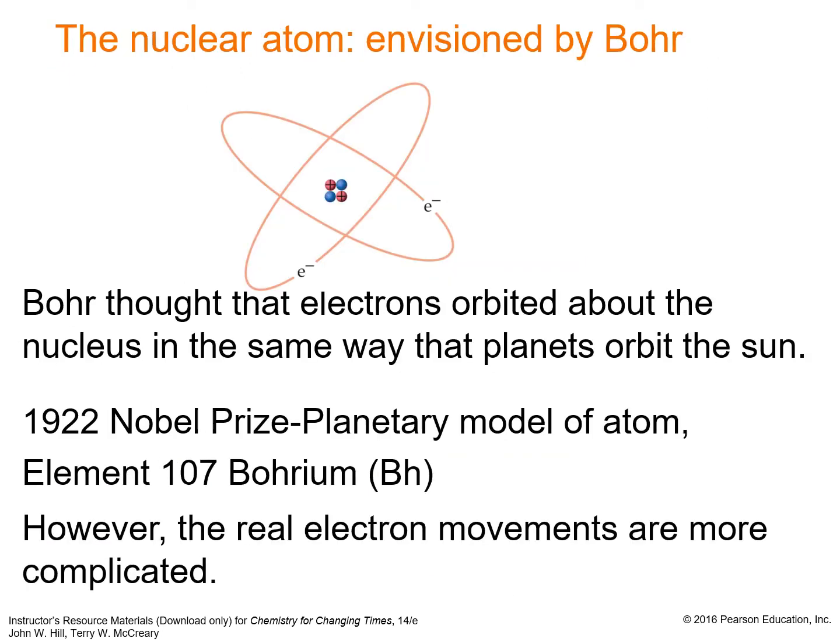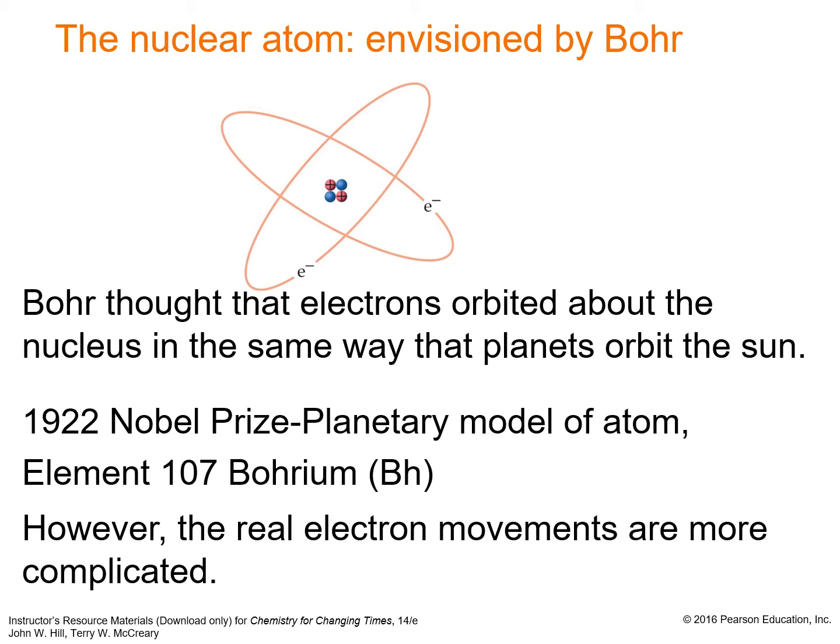And this is how he envisioned the nuclear atoms. He thought that electrons are orbiting around the nucleus in the same way as the planets do around the sun. Niels Bohr got a Nobel Prize, and he also has an honorary element called bohrium, Bh, element number 107.